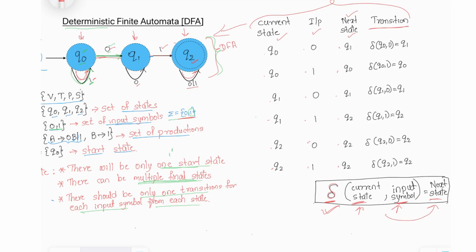Observe carefully. Q0 is the start state, so I am writing Q0 here, represented with an arrow. From the state Q0, after accepting 0 as the input symbol, where is it moving? Observe the diagram here. From Q0, after accepting 0, it is moving to the Q1 state, right? Hence I am writing Q1 as the next state.